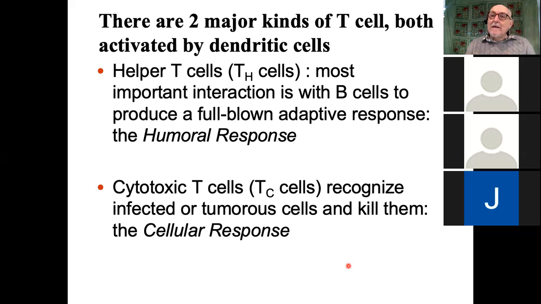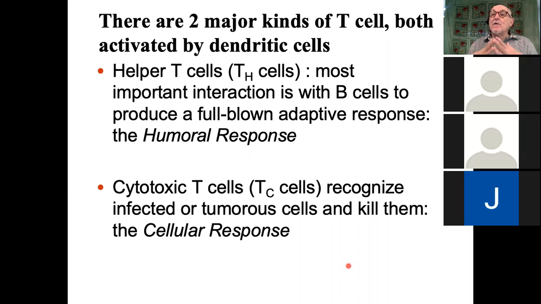But there's another really important group of T cells, and these are the cytotoxic T cells, TC cells. And these cells, once they're activated, can go out and move around the body, and they will actively seek out cells which are infected with the pathogen that the B and T cells are responding to.